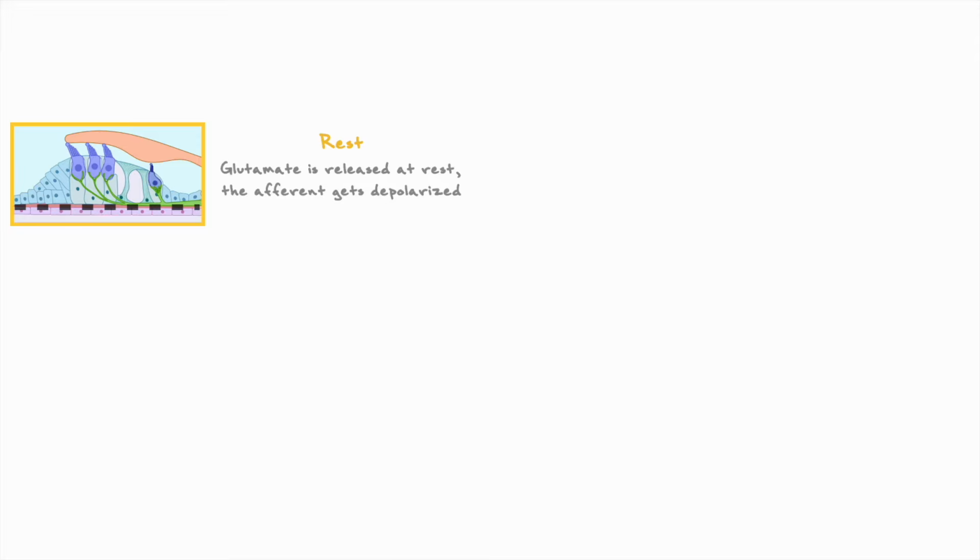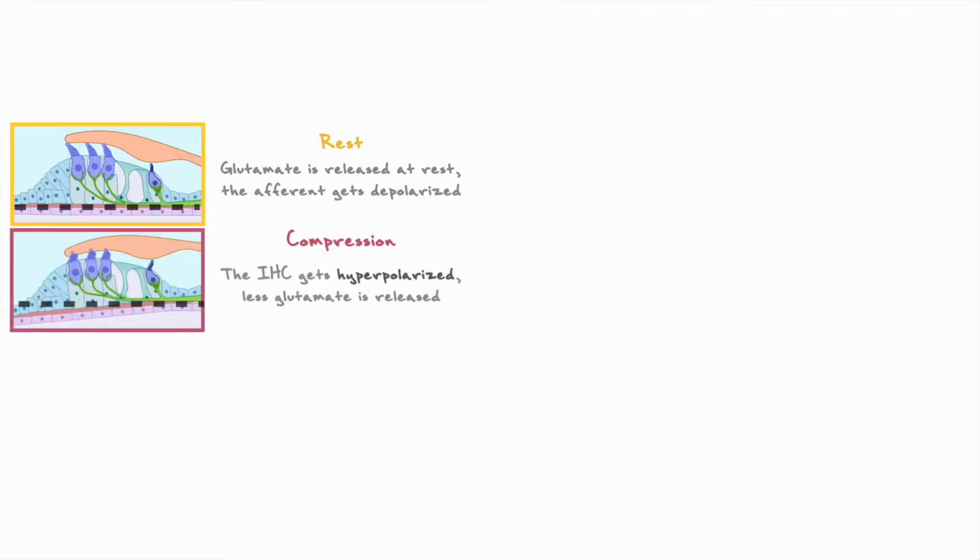When sound energy hits the cochlea, it can either displace the basilar membrane up or down, depending if the sound is in a compression or a rarefaction phase. If it's in a compression phase, we've seen that the basilar membrane moves down, the stereocilia close, and the inner hair cell gets hyperpolarized as a result. This hyperpolarization then causes the decrease in glutamate release and thus activity in the afferent.